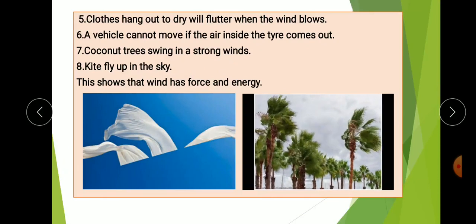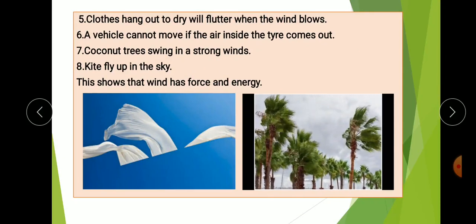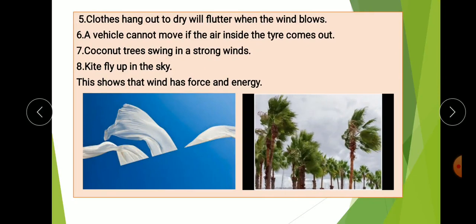Eighth, kites fly up in the sky. If you have played with a kite before, you can feel the wind lifting the kite into the air.